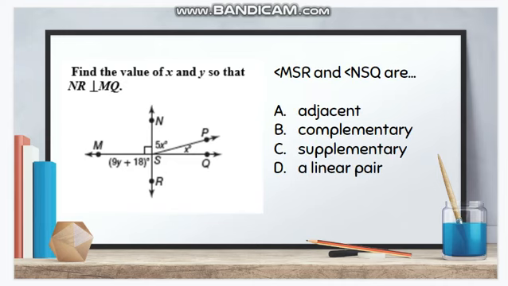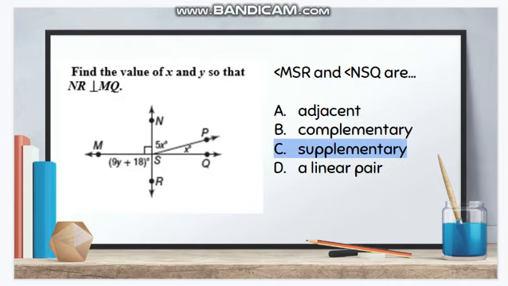Okay, and last question of the day. MSR and NSQ have what relationship? Are they adjacent, complementary, supplementary, or a linear pair? And the correct answer is going to be supplementary. They are not adjacent.